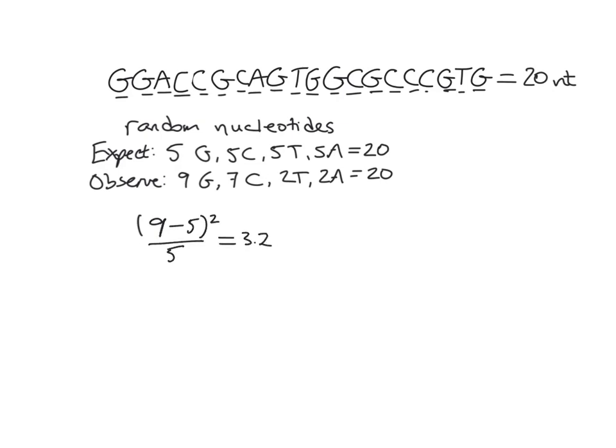And then you do the exact same thing, observed minus expected squared over expected for C, and get that value, the same for T, and get that value, and the same for A, 2 observed, 5 expected.